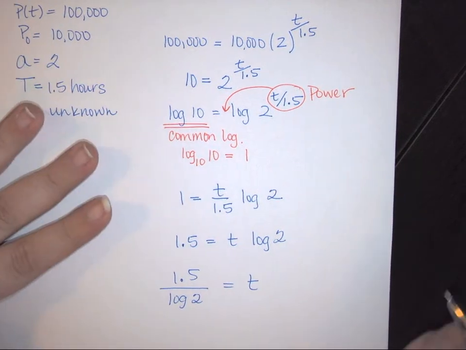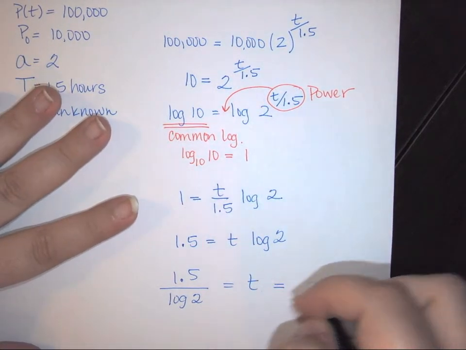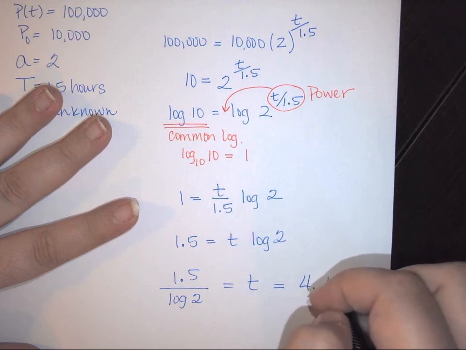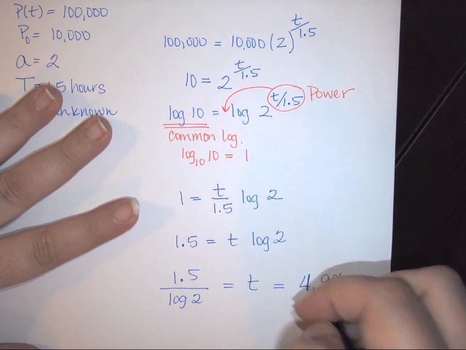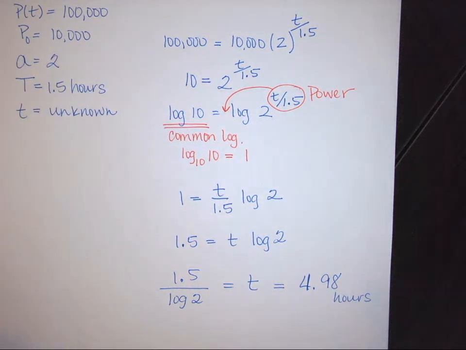Again, pull out and plug into your calculator, and you should come out with roughly 4.98 hours. So what this means is that it's going to take almost 5 hours for your population of bacteria to increase its size from 10,000 to 100,000. Okay, and that is doubling time.